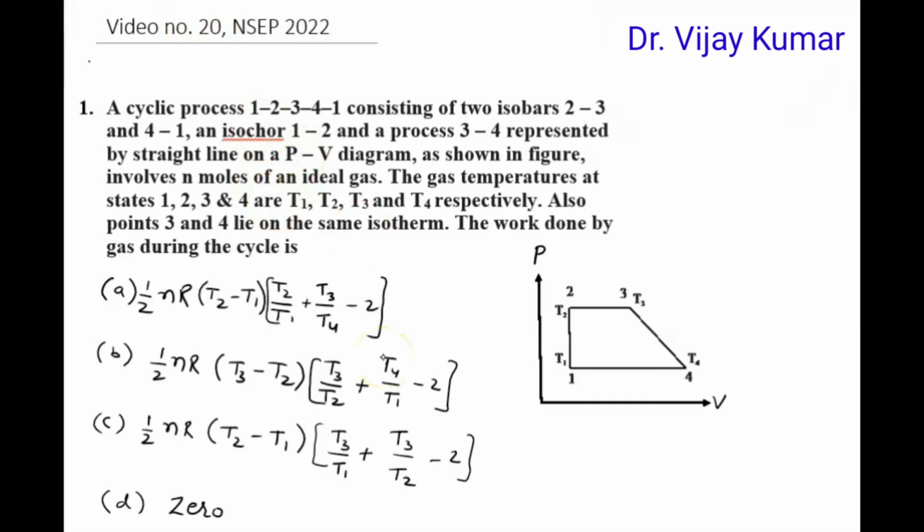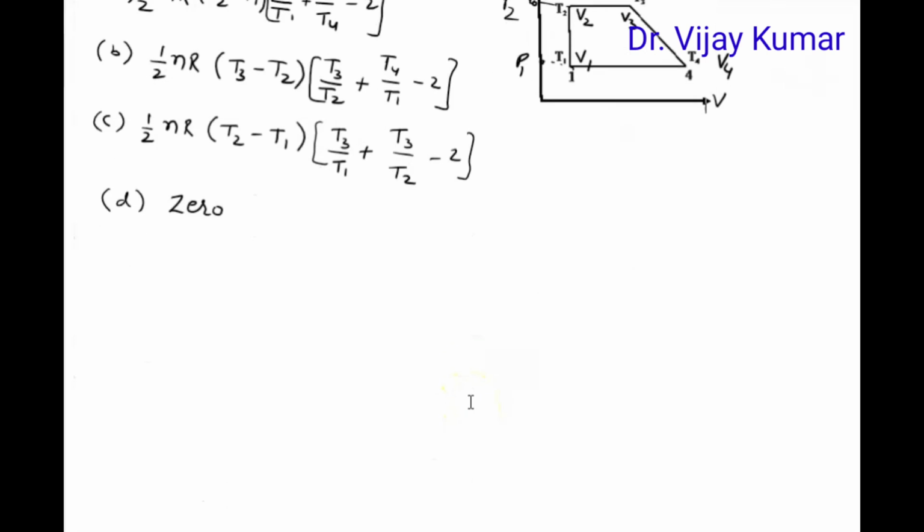Pressure at this point is P1 and at this point is P2, and similarly the volume at point 1 is V1, at point 2 is V2, at point 3 is V3 and at point 4 is V4. Now we determine the work done.